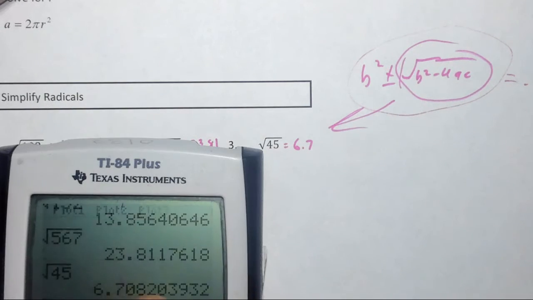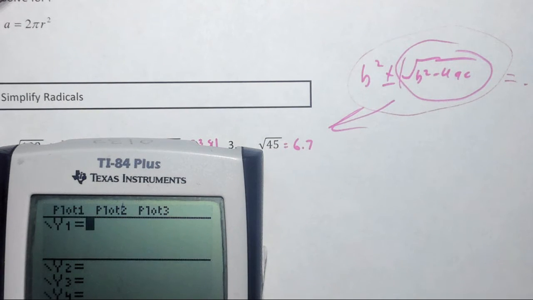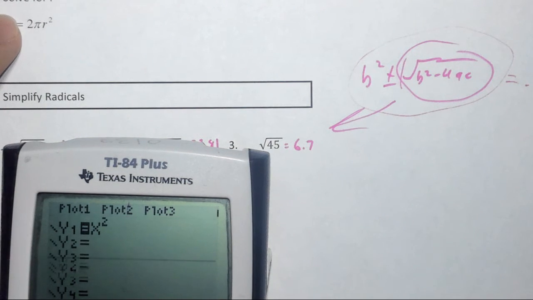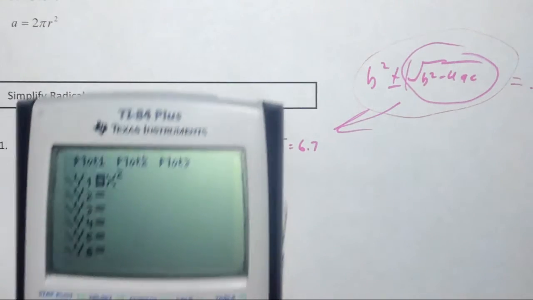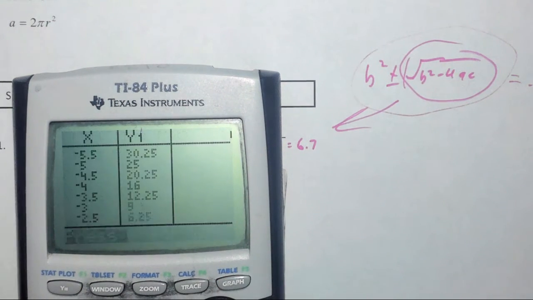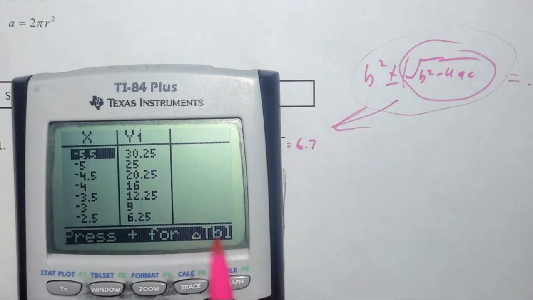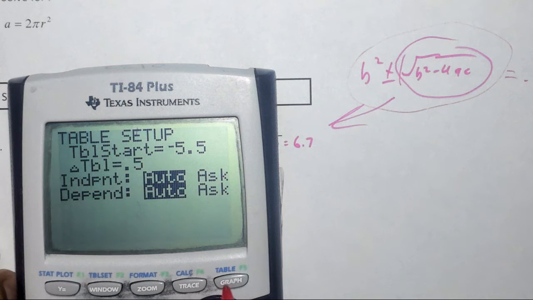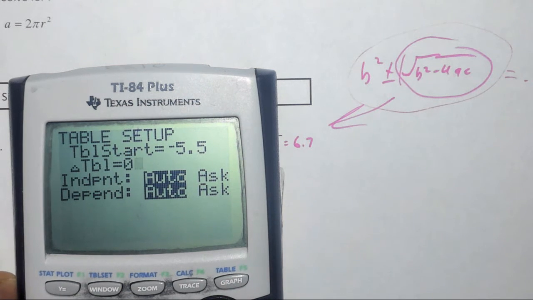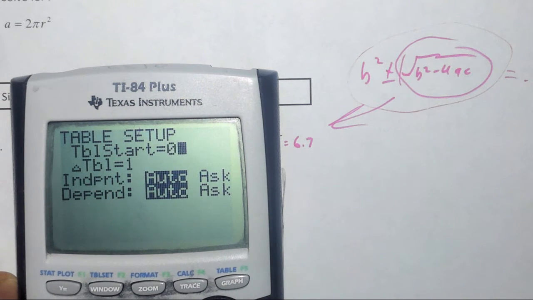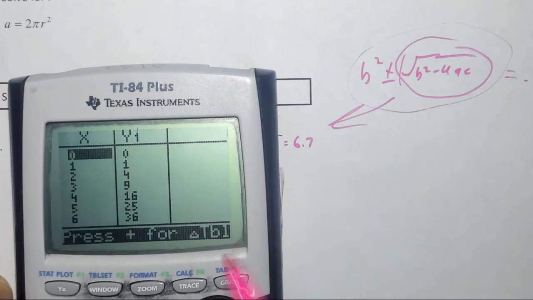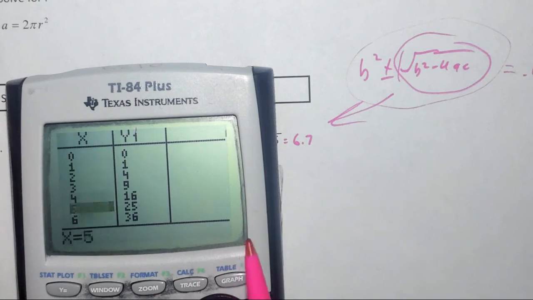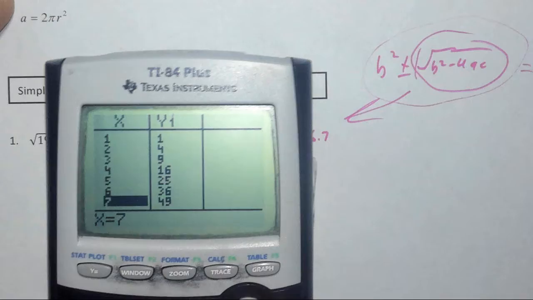I get my calculator and I say y equals x squared, and look at the table. So I have a list in Y1 of all my perfect squares.